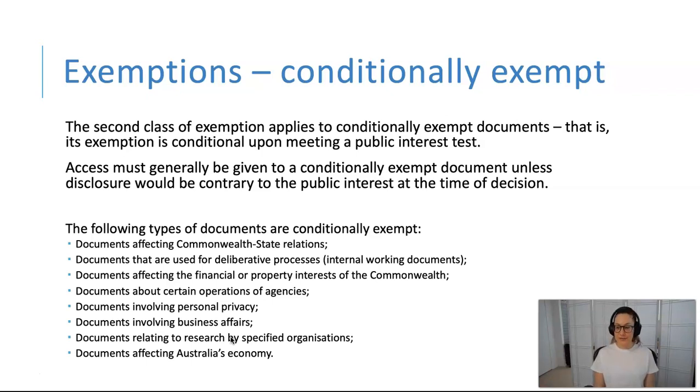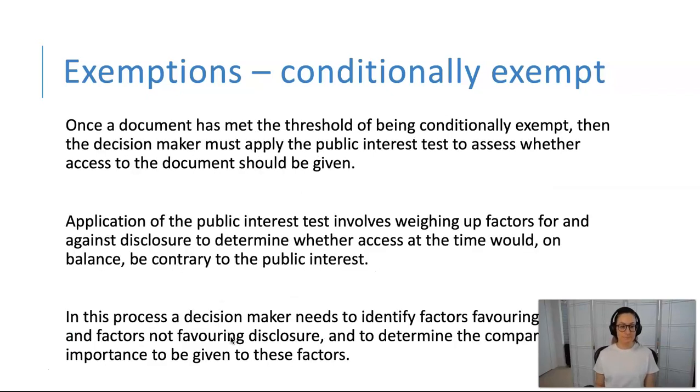And again, on the slide, I have a list of documents that are conditionally exempt. These are ones that concern personal privacy or the financial or property interests of the Commonwealth, that affect Commonwealth-state relations, internal working documents, documents that affect Australia's economy or business affairs, or relating to research of specified organisations.